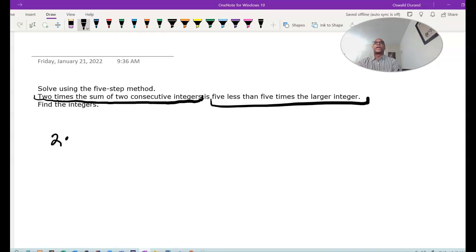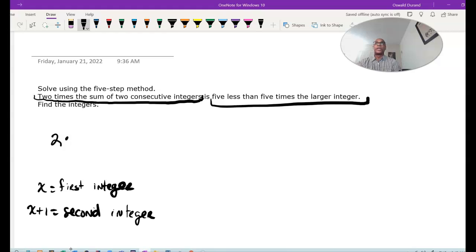So we're going to say that x would be the first integer, right? Because we don't know what it is. And then the second, consecutive, that means one more, so it would be x plus 1. So that's the second integer.